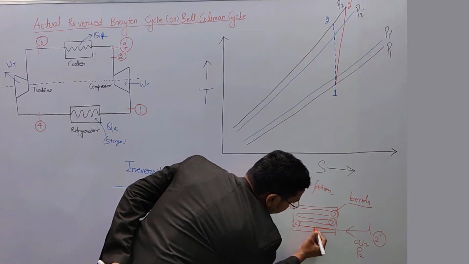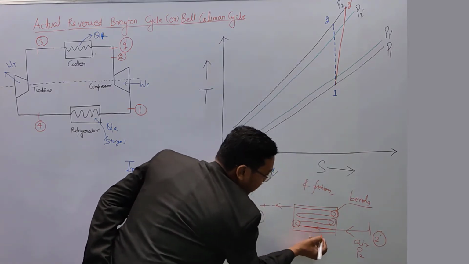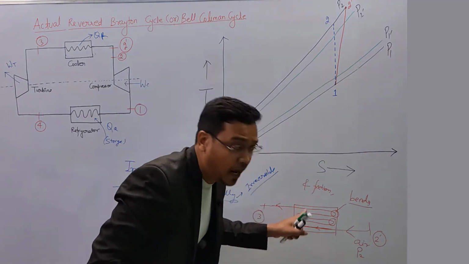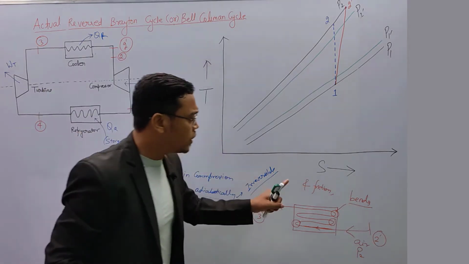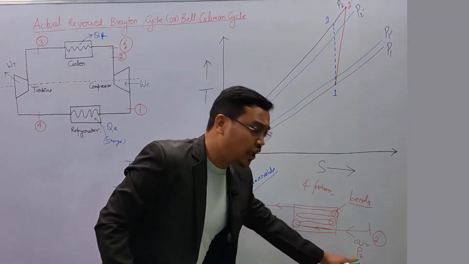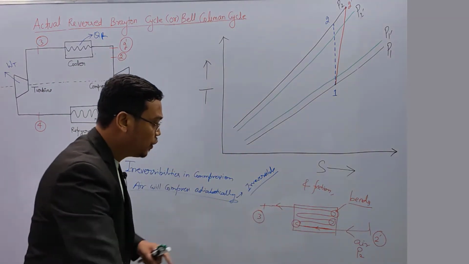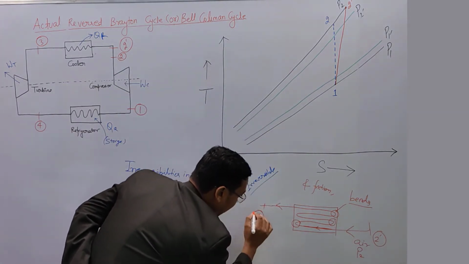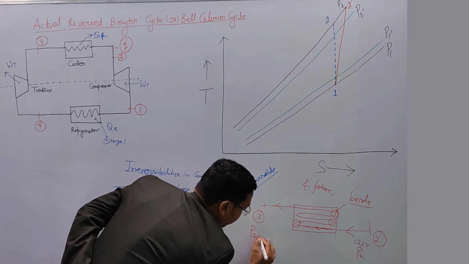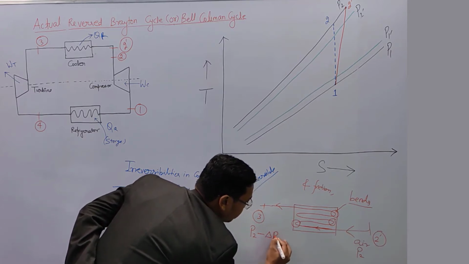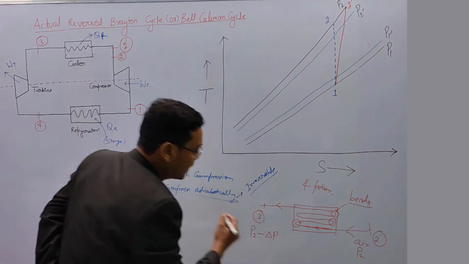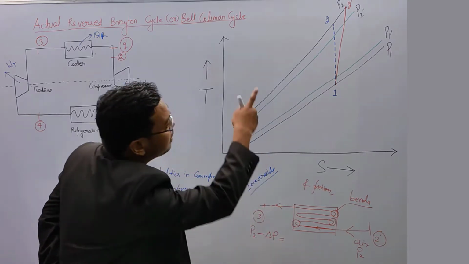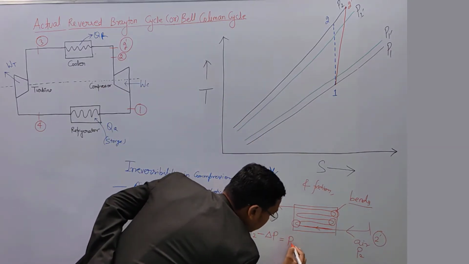These are the pipes. Friction will occur in the pipe because air will flow in the pipe. Because of friction and bends, pressure will reduce. So if it is at pressure P2, at point number 3 it will be P2 minus some delta P. And this pressure, I will say, is P2 dash.